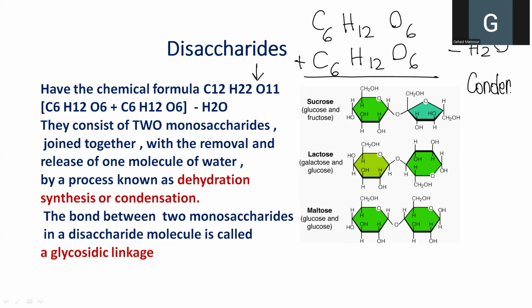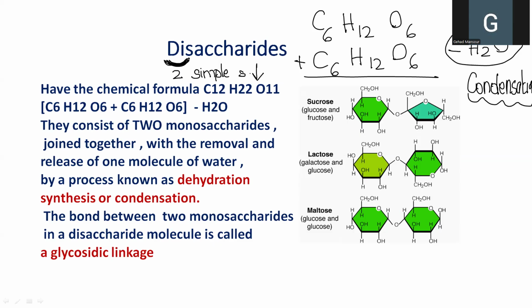So a condensation reaction is the reaction needed to form a disaccharide, that's to say a bigger sugar that is made of two simple sugars, by allowing them to react together and removing one molecule of water from the medium of the reaction to help them react together.